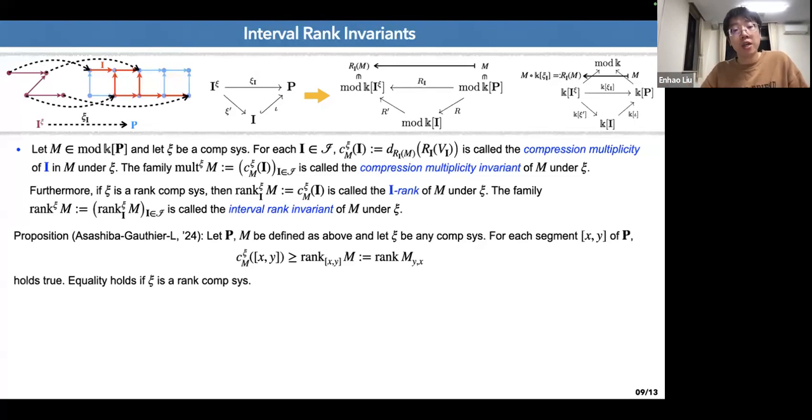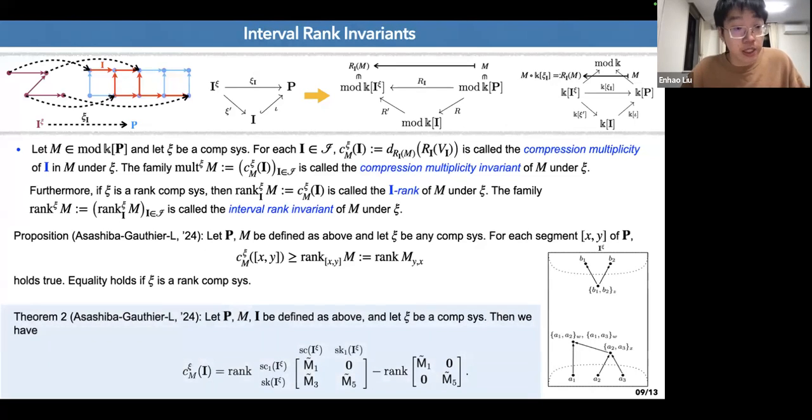So we give it the name interval rank invariant by this proposition. And again, by the benefit of our formula, because it is defined as a compression multiplicity, we also have the formula for computing it.